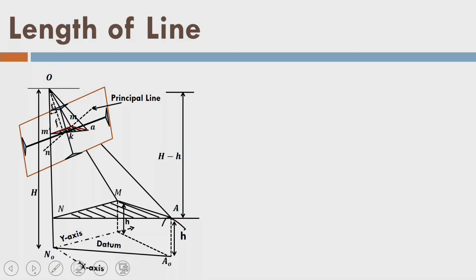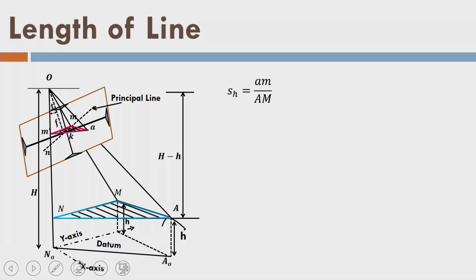Let us look into this. This is my tilted photograph and I can see the red triangle shown in red color. M dash A is in the horizontal plane, and the tilted photograph is this. So, I have a plane like this and a tilted photograph like this. In this horizontal plane I am defining my triangle M dash M A, as we did in the previous slide also. So, let us see, SH is equal to AM by AM. You can see we are defining the scale of the tilted photograph here.